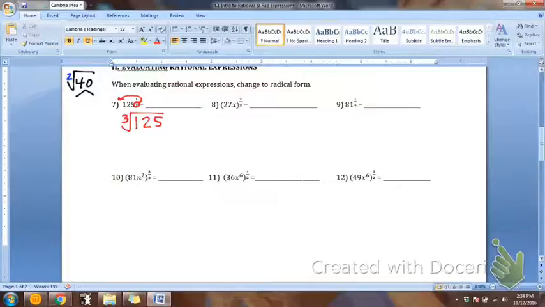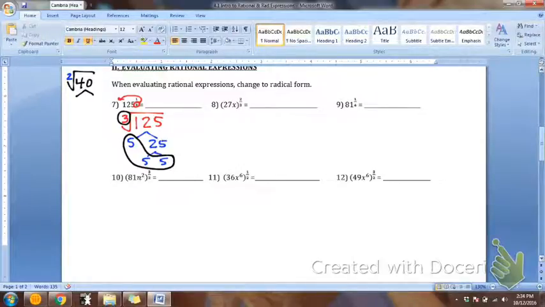So let's just, like normal, break 125 down. I can break 125 down to 5 and 25. Everyone do this. And then 25 can be broken down to 5 and 5. Can we break anything else down? Again, I'm looking for a group of 3 things, and isn't that convenient, 3 5s.